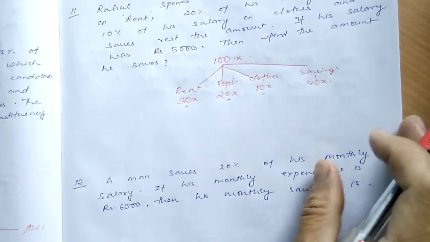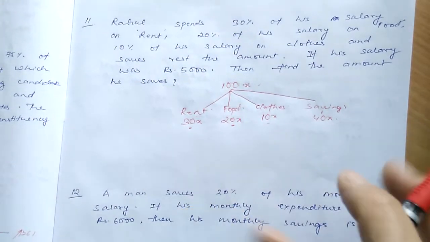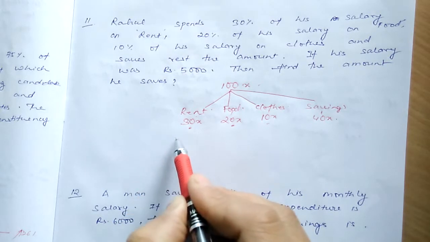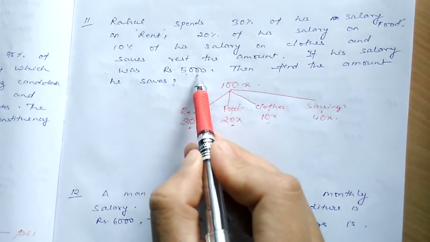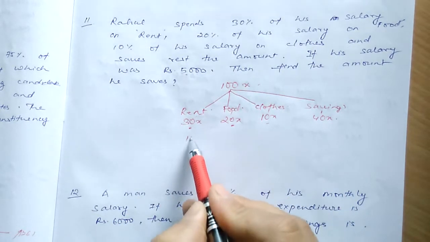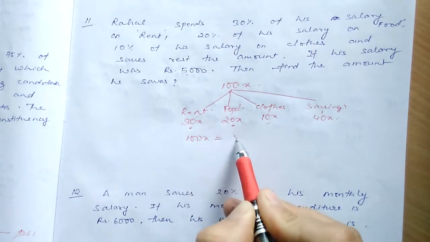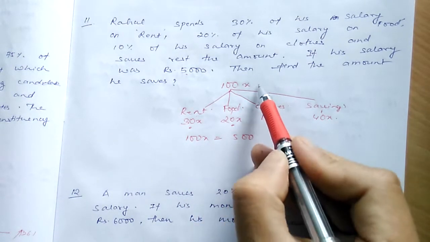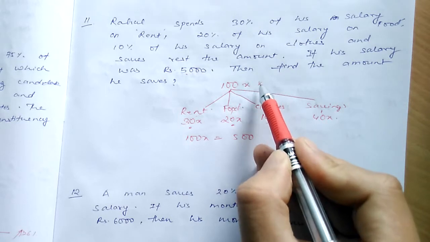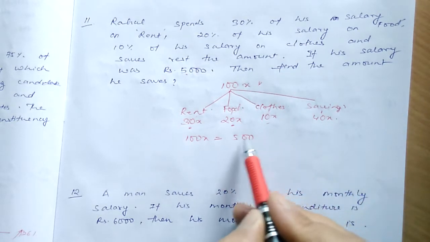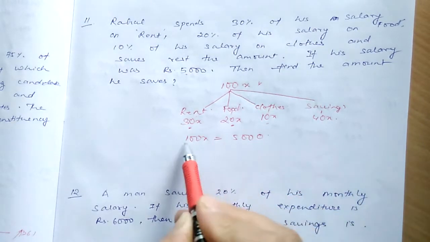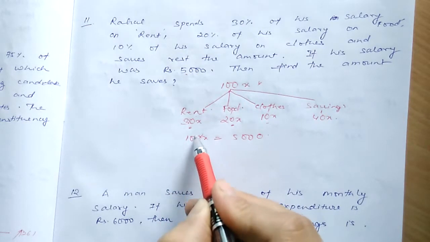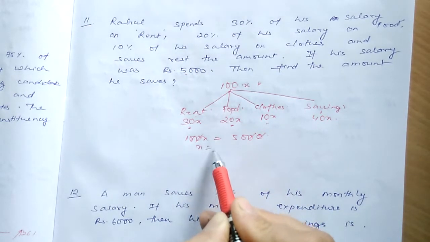We are given his total salary, that is 5,000. We have taken his total salary to be 100x, so 100x is equal to 5,000, therefore x is equal to 50.